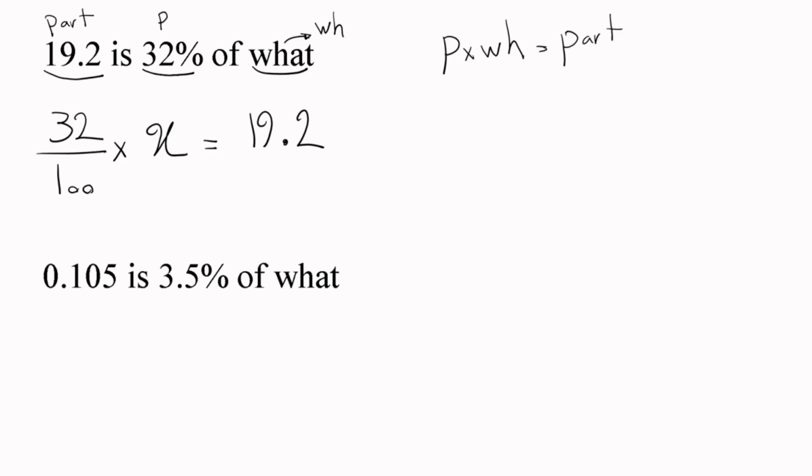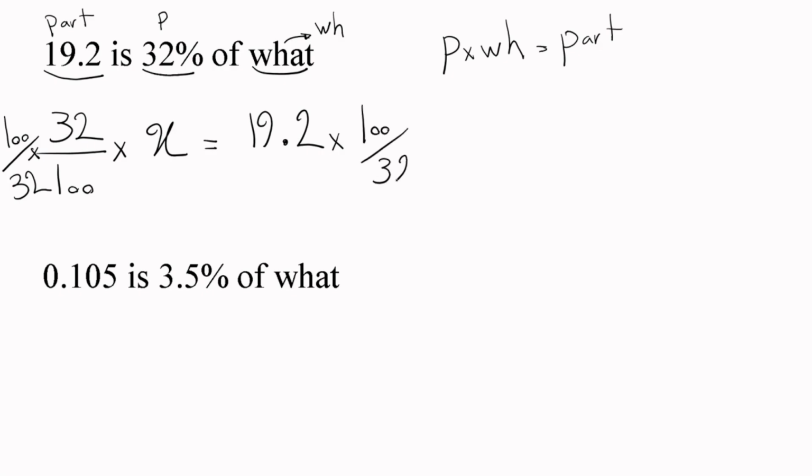What should I do? I must make the coefficient of x 1. How am I supposed to do that? Because I have a fraction here, I must multiply both sides by the reciprocal of the coefficient, 100 over 32. Am I allowed to do this only with one side? No, I must do exactly the same with the second side.